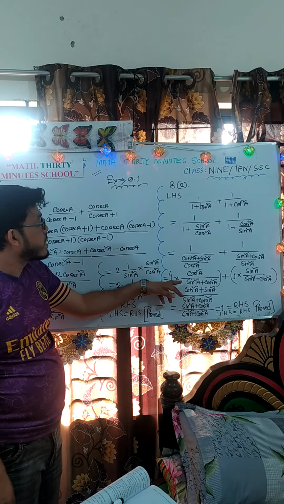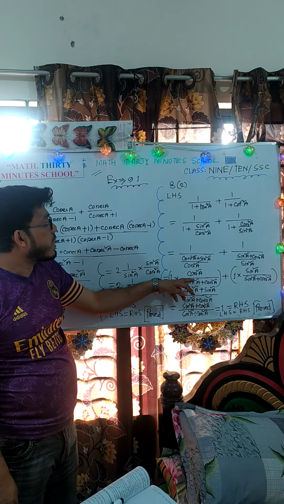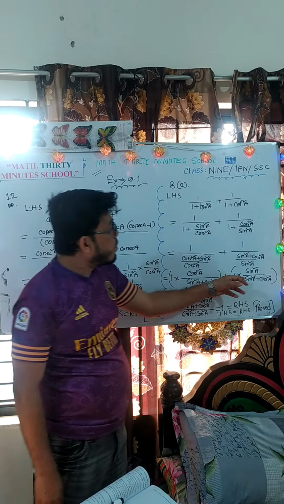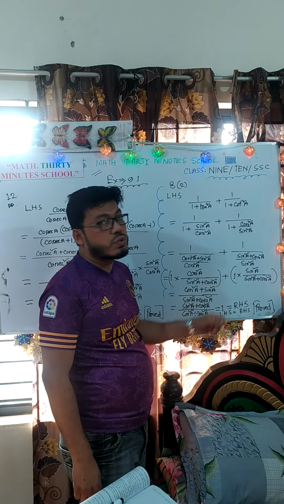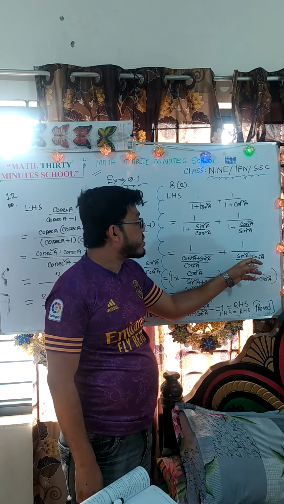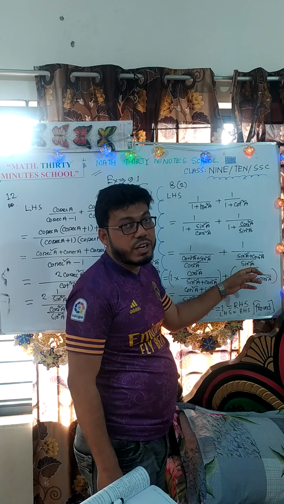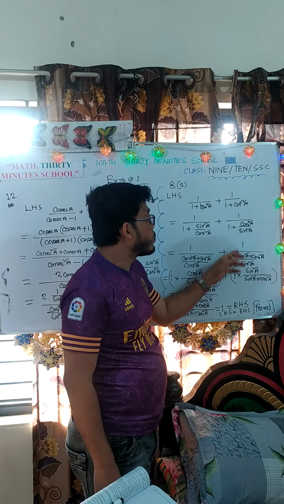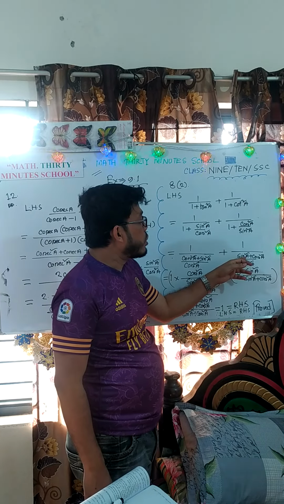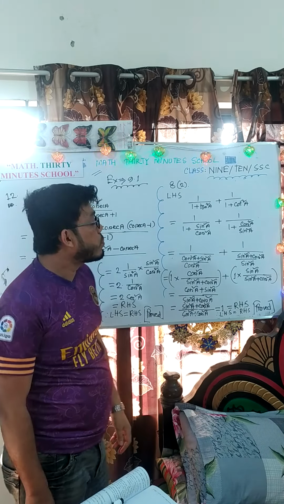So we have done this: 1 into cos square A divided by sin square A plus cos square A. For the second part we do the same thing, changing the sign between 1 and sin square A plus cos square A by sin square A, from division to multiplication, by changing the position of numerator to denominator and denominator to numerator.